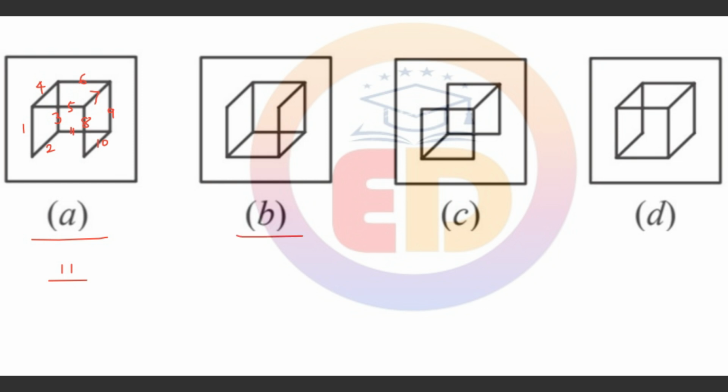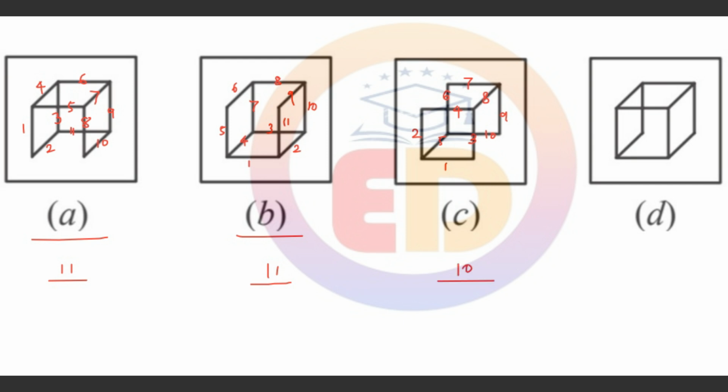In the second figure, 1, 2, 3, 4, 5, 6, 7, 8, 9, 10 and 11. In the second figure also we have 11 straight lines. In the third figure we have 1, 2, 3, 4, 5, 6, 7, 8, 9 and 10 lines. In the third figure we have 10 lines.